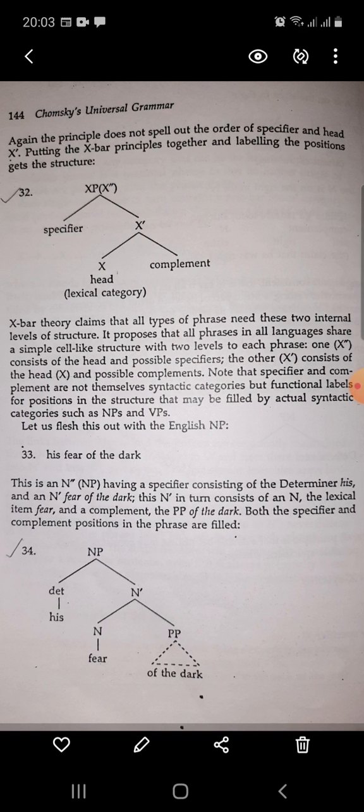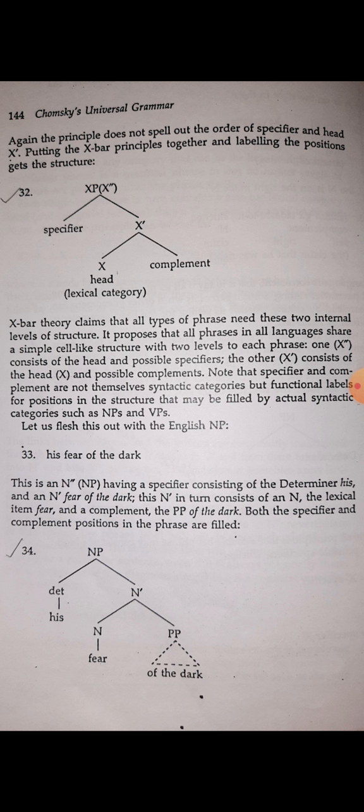Next, 144: an X phrase, meaning any kind of phrase, will be X double bar, and that X double bar will have a specifier and an X bar, and that X bar will consist of an X element, head, and a complement. So it is very important and very clear. In these two trees you can see it is quite evident.